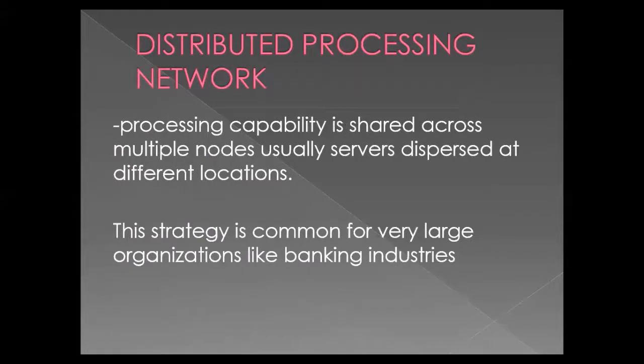Now, the last one, the fourth one, is distributed processing network. The processing capability is shared across multiple nodes, usually servers located at different locations. That means there will be one main server, and from that main server there will be other servers linked to it, at different places.